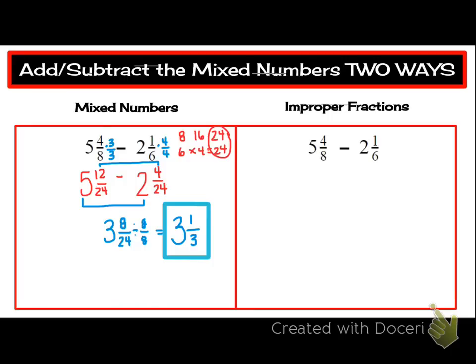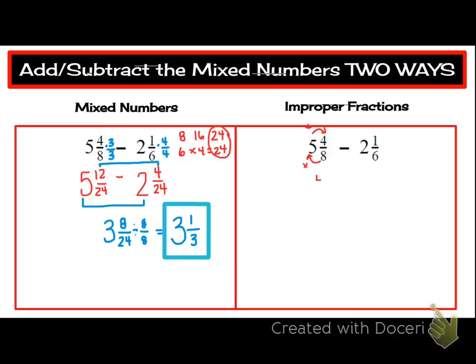So as you can see, the other way to solve this is to make them improper fractions. Now you have two choices. You can find a common denominator first and then change them to improper fractions, or you can change them to improper fractions and then find a common denominator. I'm going to do the second thing we said. 8 times 5 is 40, plus 4 is 44.